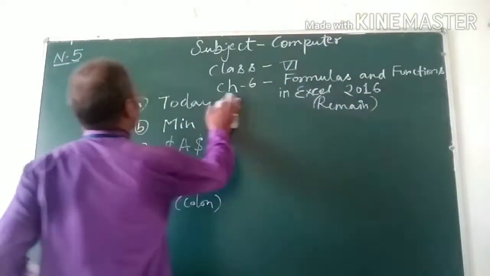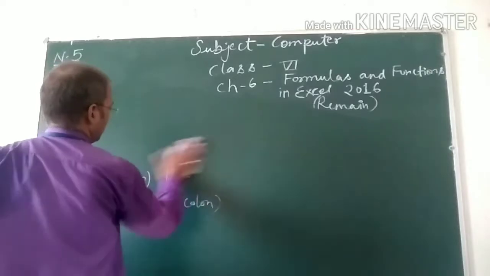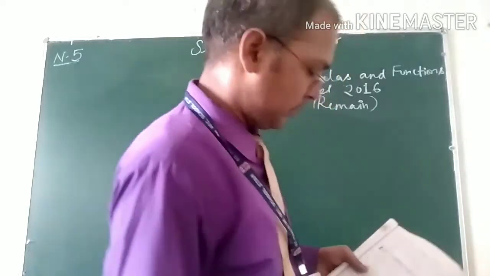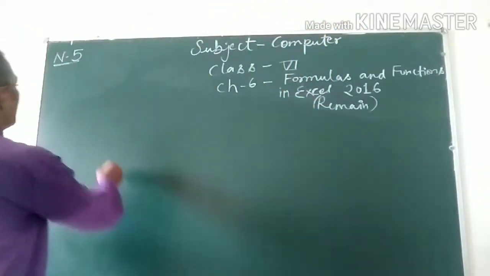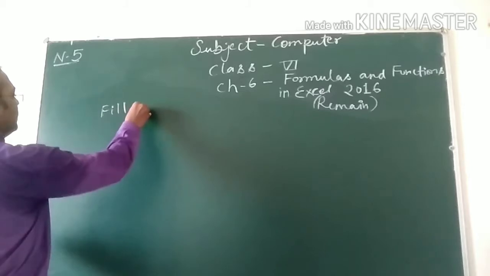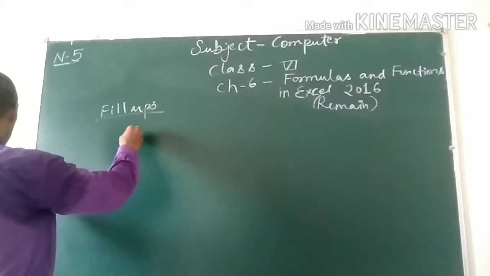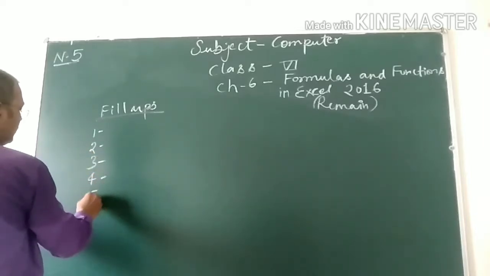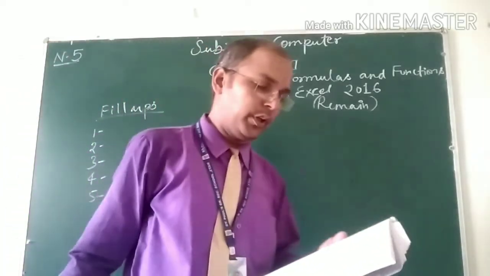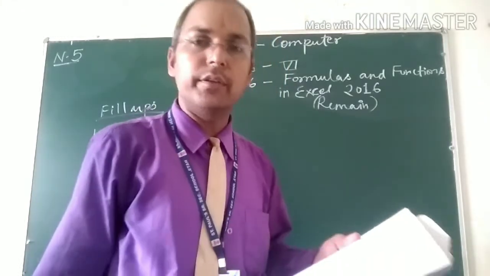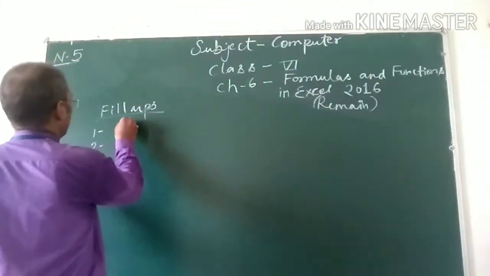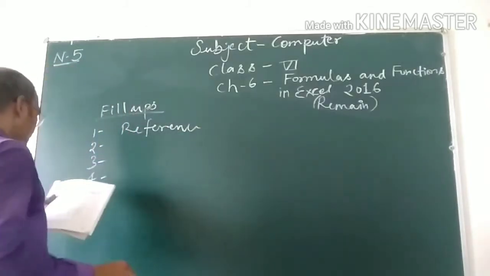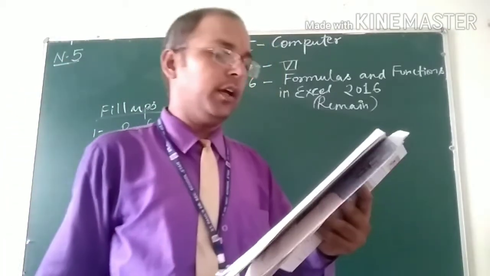Next, fill in the blanks. First, absolute is also known as cell reference. Second, the group of cells is called a range.